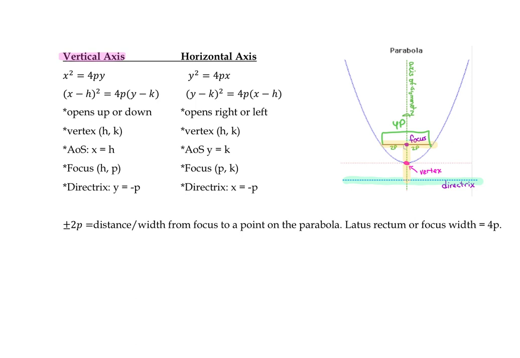Notice that the focus is p, then the k, and the directrix is x equals negative p. So that distance that I pointed out earlier, the 2p distance between where the focus is and on the points of the parabola, that is called the latus rectum. That's the proper name, or we call it the focus width, and it's always going to be 4p across.